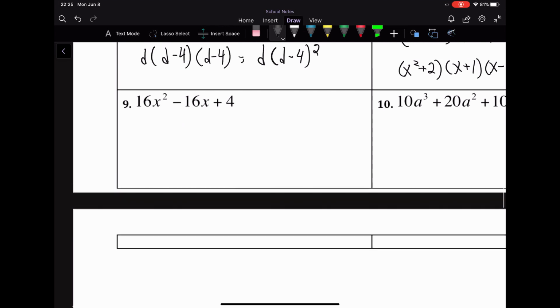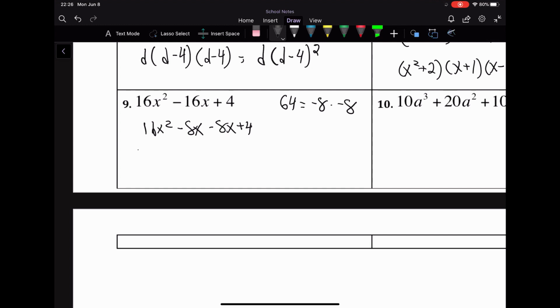Question number 9. We multiply together our 16 and 4. And so for that, we're going to get 64. What two factors of 64 add up to negative 8? That's going to be negative 8 times negative 8. So we'll have 16x squared minus 8x minus 8x plus 4.